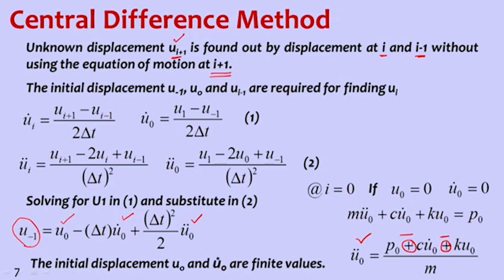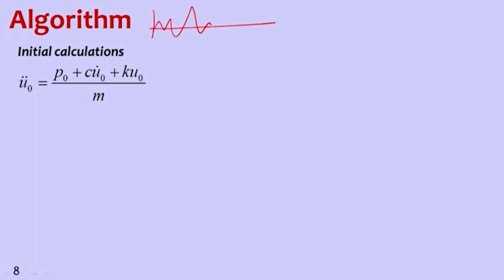Now to start the process, because this P i is known to us, let's see how to start. The algorithm for that is initial calculations we do. Actually, let me explain first. This is the force given to us.